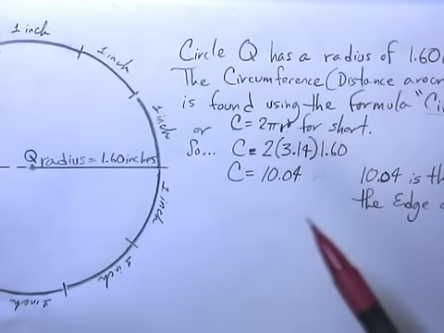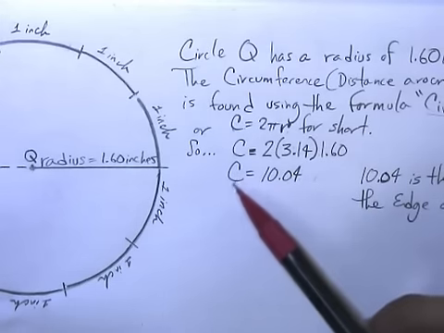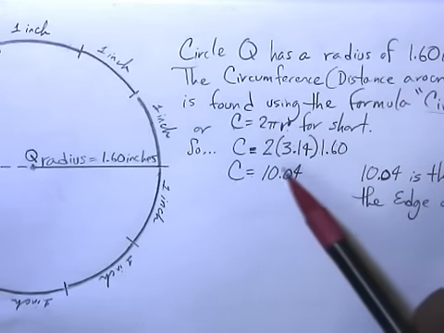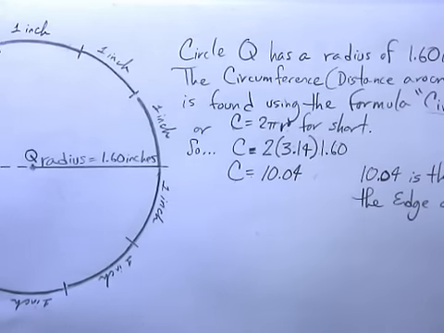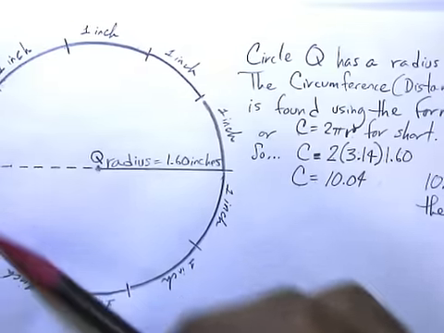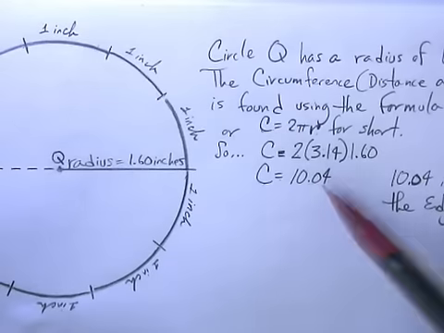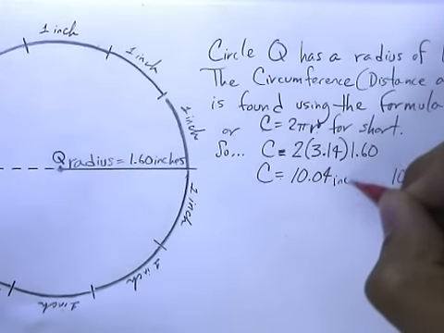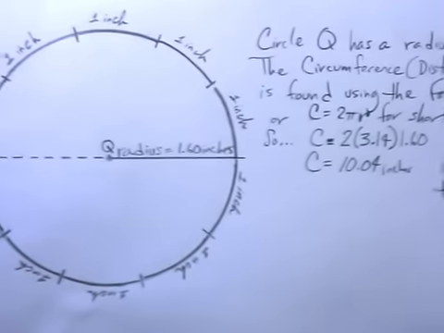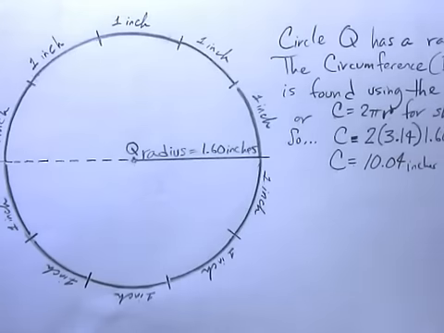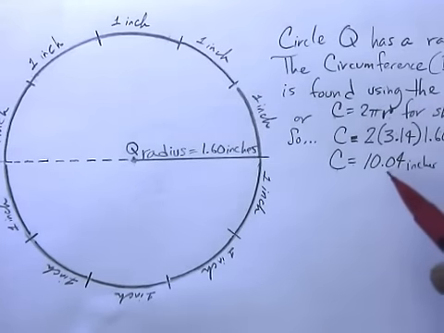So the circumference is equal to, when I multiply all these three things together, 10.04. So the distance around this track, if I was an ant, let's just say, would be 10.04 inches. Okay? That would be the distance around my track.